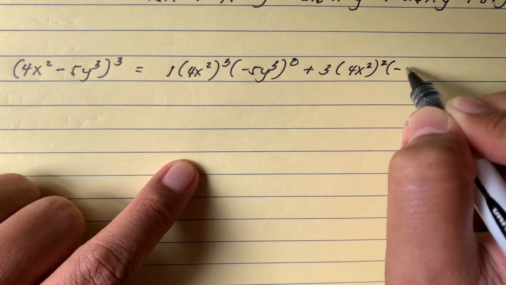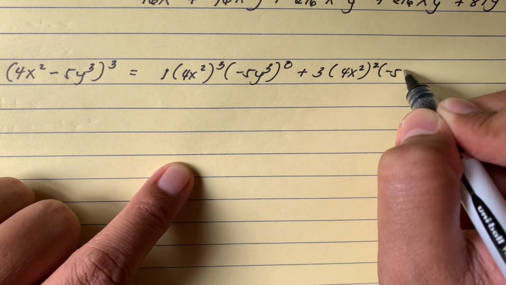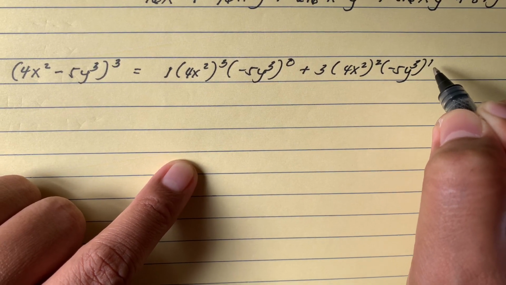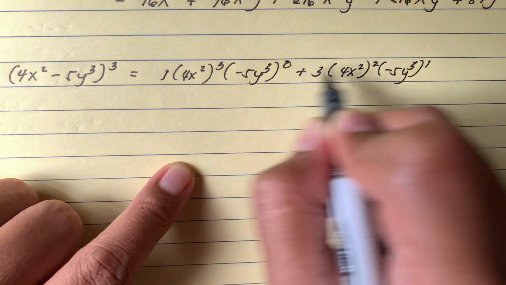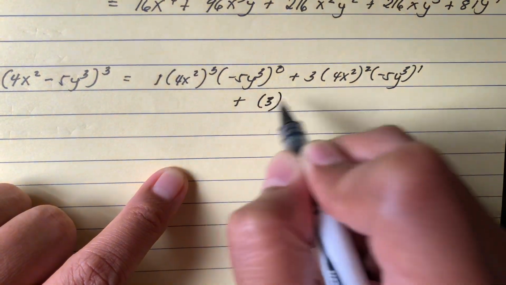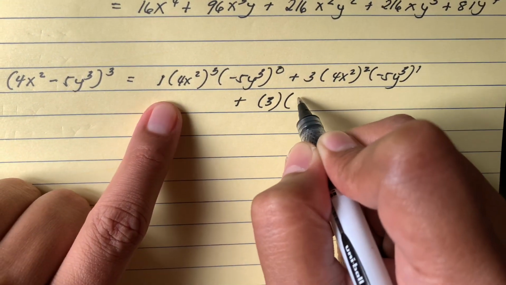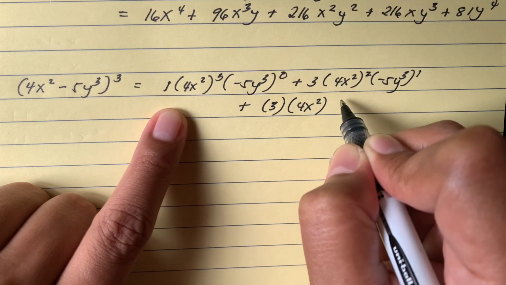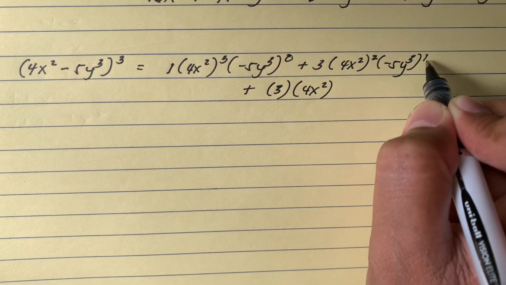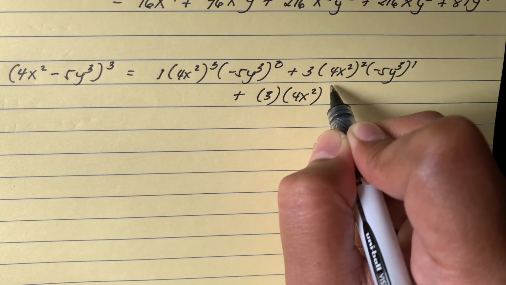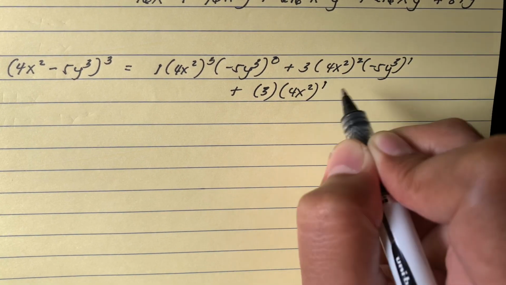Then we have negative 5y cubed raised to the power of 1, because you're going to add 0 by 1, plus, we have again 3 times the first term, 4x squared raised to the power of, since we have here 2, this will be raised to the power of 1.